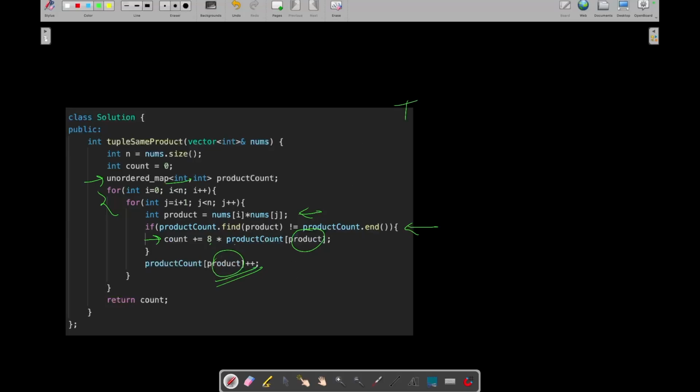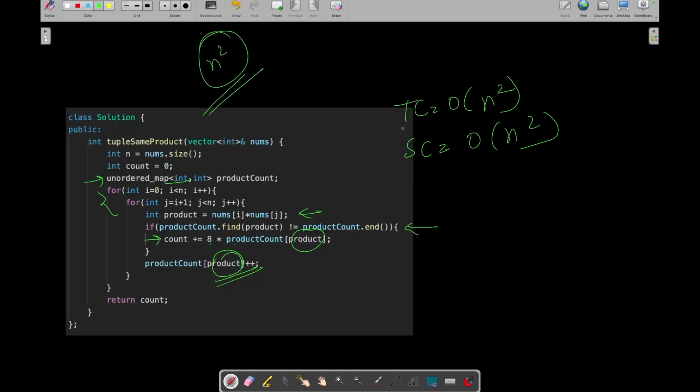So what will be its time complexity? Its time complexity will be big O of n square, and its space complexity will also be big O of n square, because we are storing all the products in our map and there can be up to a maximum of n square products. So that's why its space complexity will also be n square.